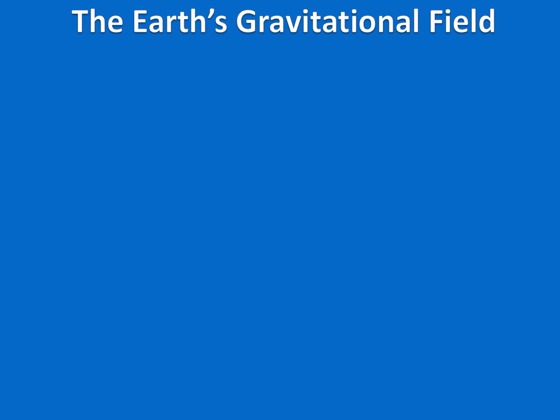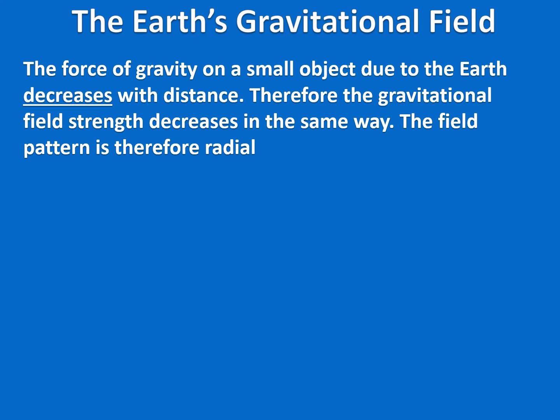So if we consider the gravitational force acting on a small object on Earth, the strength of the force decreases with distance. So the gravitational field strength decreases in the same way. So we've got a radial pattern.